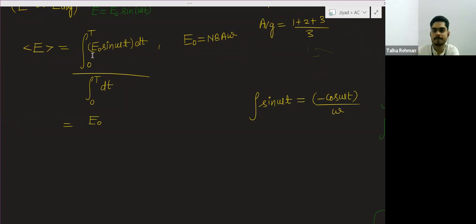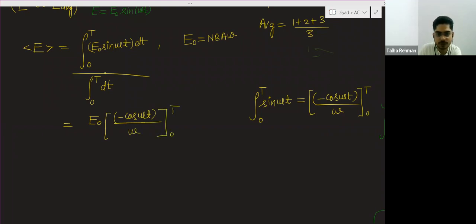If you are applying the limit from 0 to T, then you have to apply the limits 0 to T here. So basically this will be minus cos omega t divided by omega, applying the limit from 0 to T.